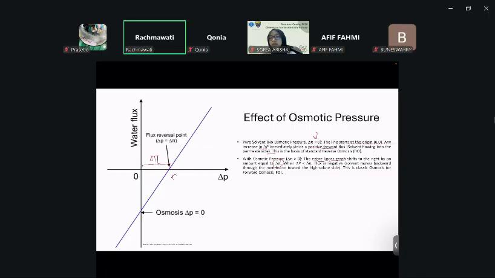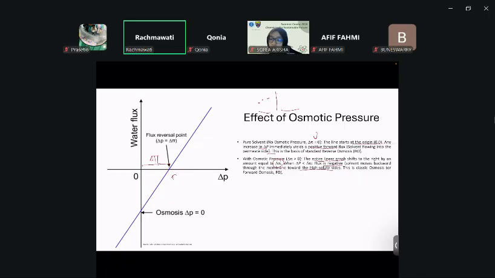And then suppose you are applying pressure, but the pressure is less than the osmotic pressure. It means that the flux will be negative. The solvent will move backward through the membrane towards the high solute side. This is a normal osmosis process. If you remember, this is the membrane, and you have a solute on one side and pure water on the other.